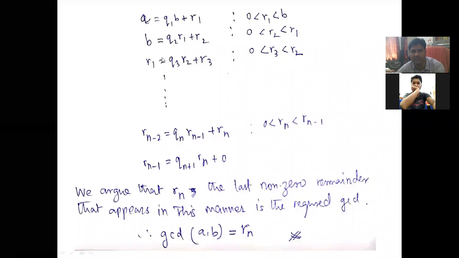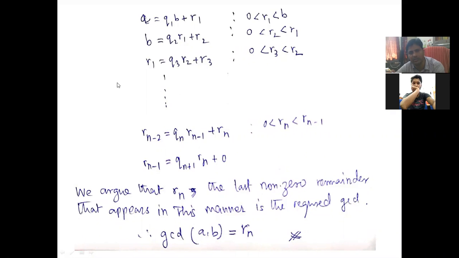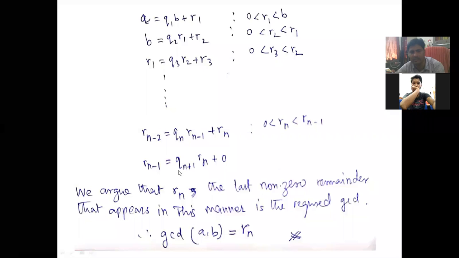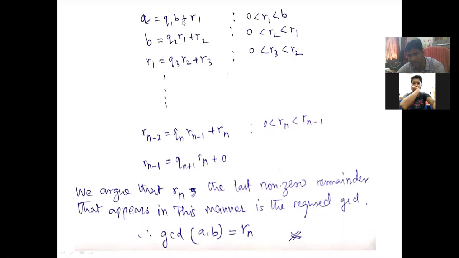So B equal to this, R1 equal to this, R2 equal to this, R3 equal to this, Rn minus 2 equal to this, and Rn minus 1 equal to Qn plus 1 Rn plus 0. If you write these systematically one by one, you will find these equations.